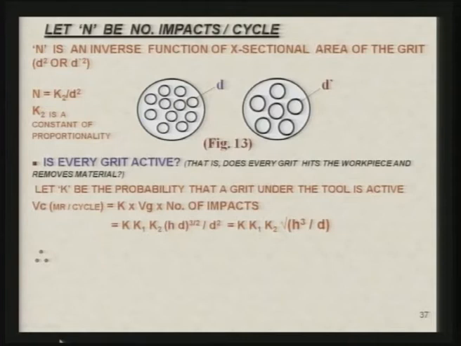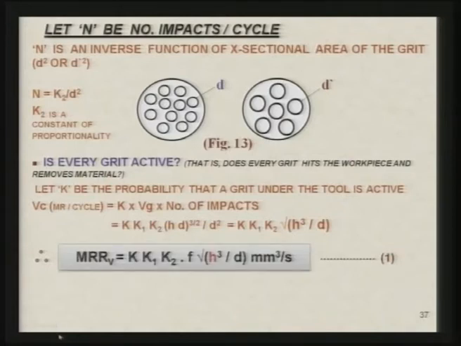Now, here we have substituted the value of Vg that was found in the previous slide. So, volumetric material removal rate MRRV is equal to k k1 k2 multiplied by f under the root h cube by d, and this unit is cubic millimeter per second.